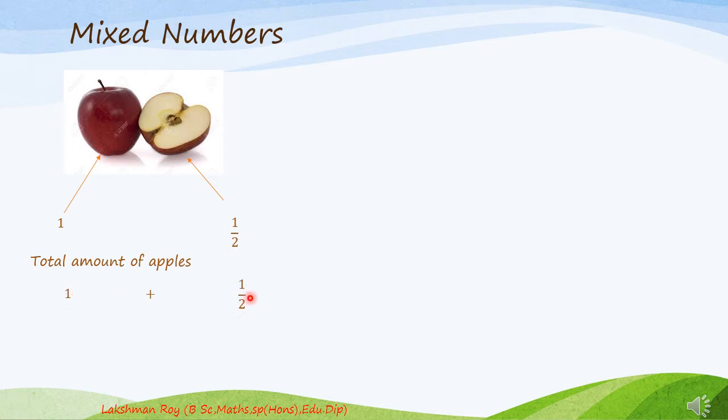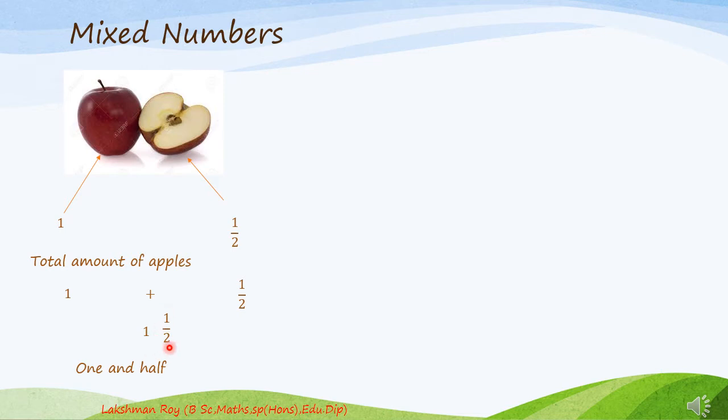If you add those two, you get 1.5, so whole number 1 and a fraction. You can write it without the addition. This is how to read it. So we call this a mixed number: whole number and fraction.